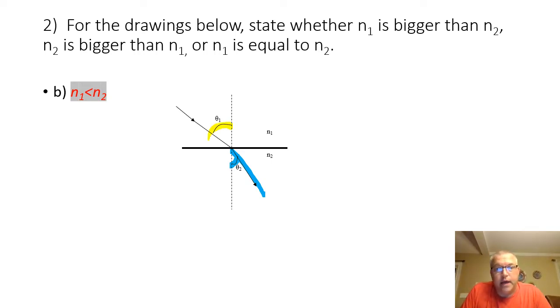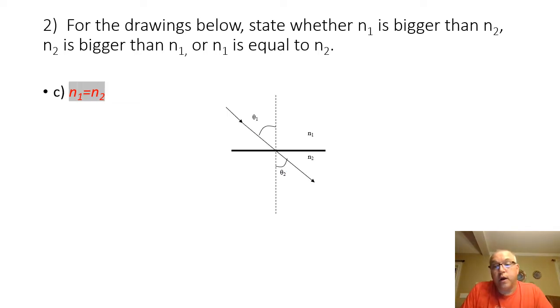So that means that I am going from a faster medium to a slower medium. And because I'm going from a faster medium to a slower medium, the index of refraction for my faster medium has to be less than my index of refraction for the slower medium. So I know N1 is going to be less than N2.